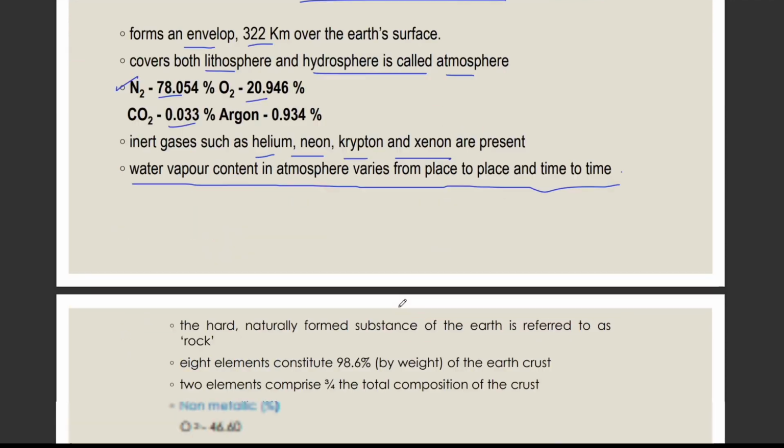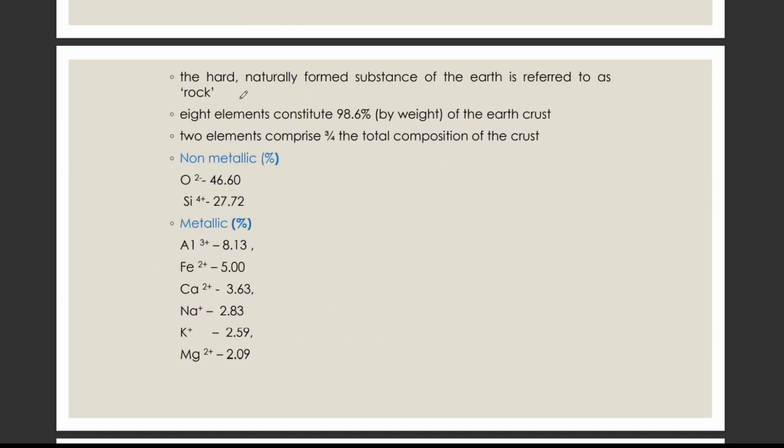After that, we have the rock. The hard, naturally formed substance of earth is referred to as rock. Eight elements constitute 98% of the weight, almost 99% of the total earth crust, and 2 elements comprise 3/4, that is 75% of the total earth crust.